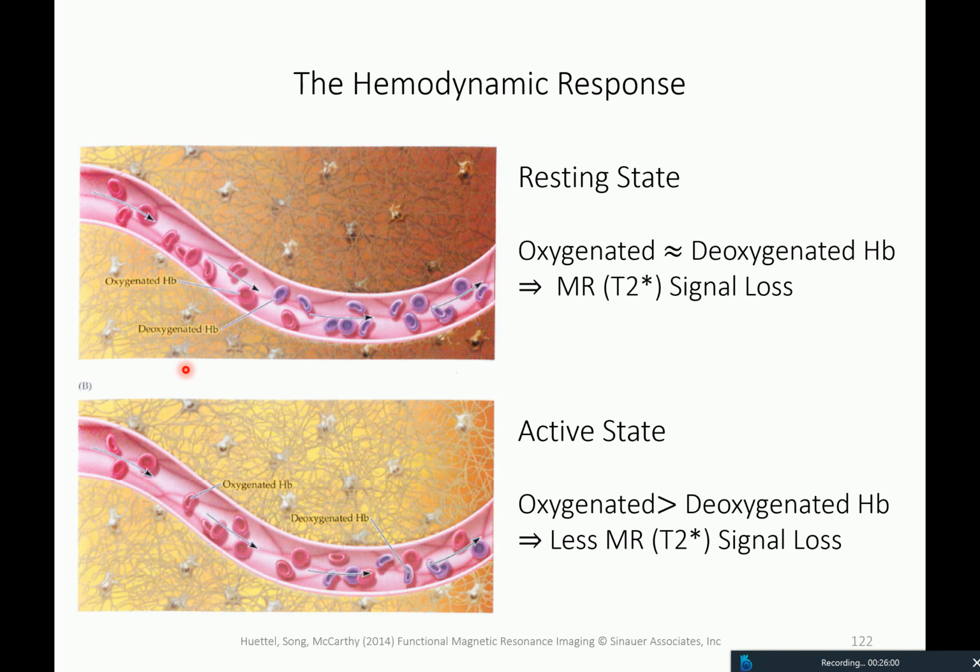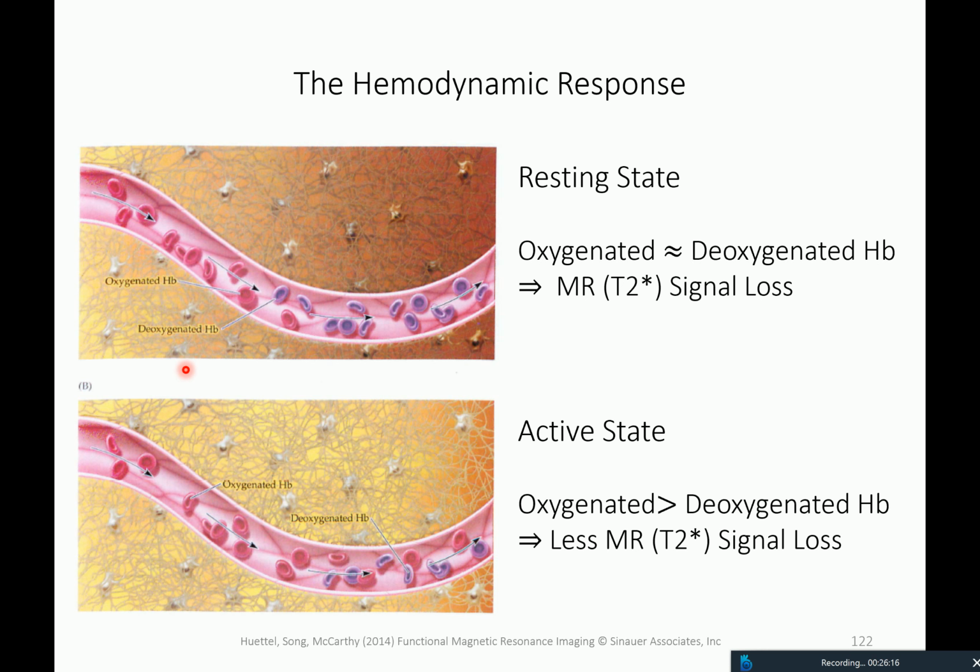And now to summarize the whole thing and drive it home, again, the Bolt signal and the hemodynamic response to now tie everything together. So what's the story?